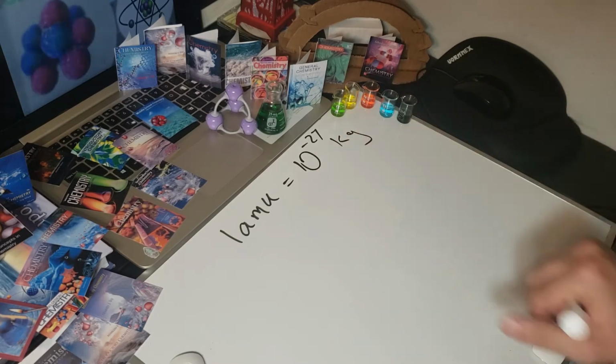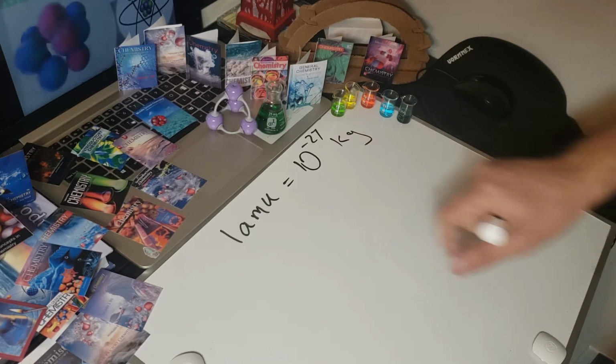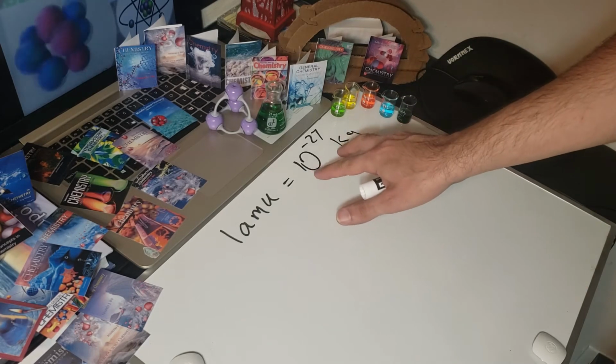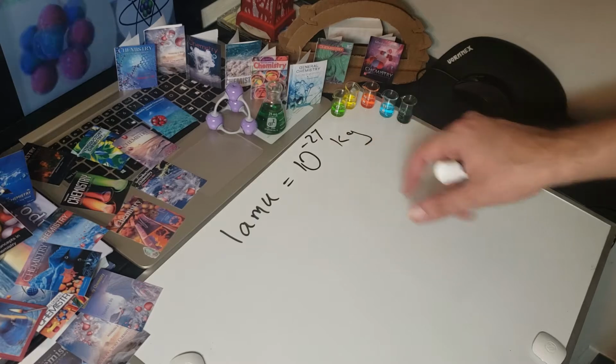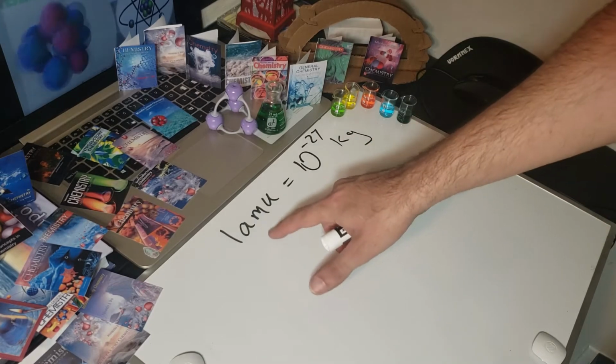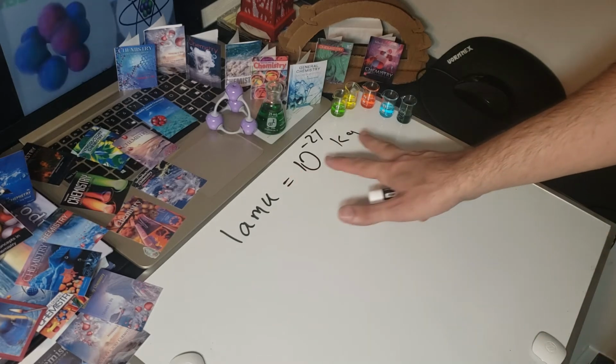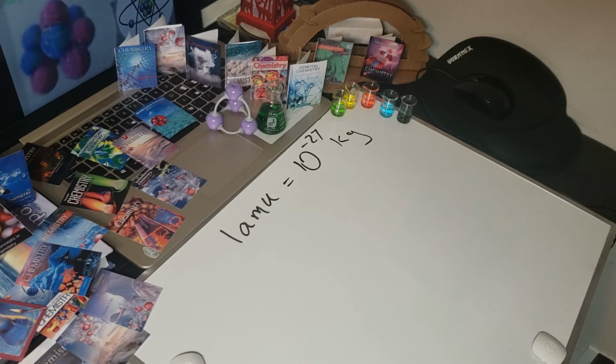So very, very small, even smaller than the Avogadro number. That's 10 to the 23, and this number is even smaller, and the 1 AMU is much smaller compared to a kilogram.